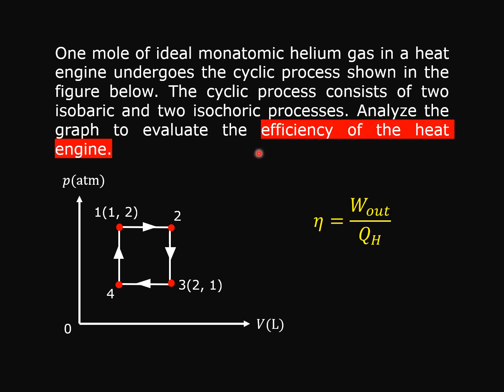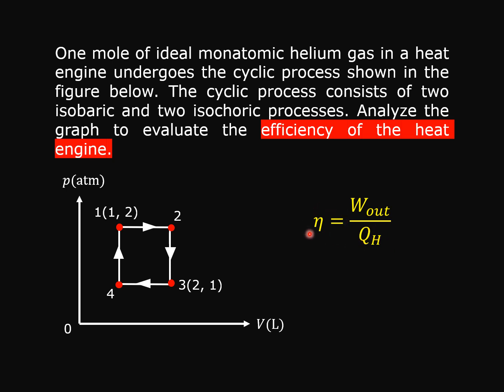According to the question, we need to evaluate the efficiency of the heat engine, which is denoted by eta. By definition, eta is the ratio between the output work and QH.